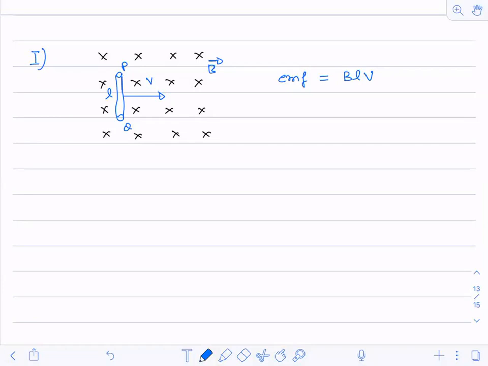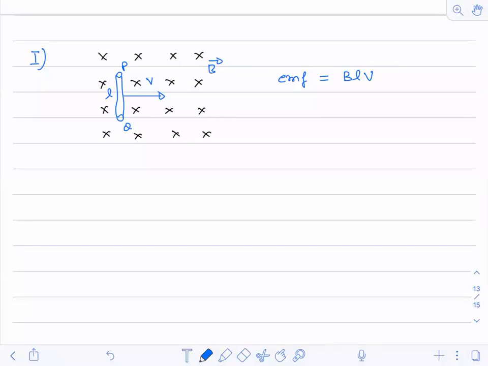Now keep your book or pen vertical, such that the plane of the book faces the wall.